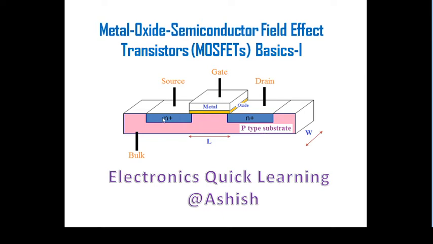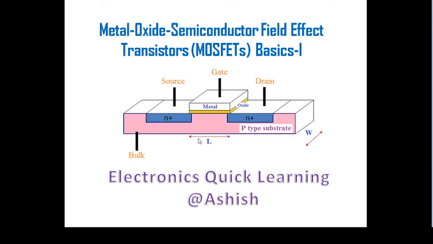Over that p-type substrate we make n plus regions, and we are inverting the p-type region with n, which we will cover later. It has one more terminal, bulk, and this length is our channel length and channel width. So we will go into the detail.